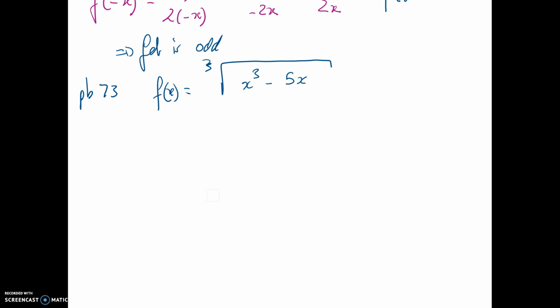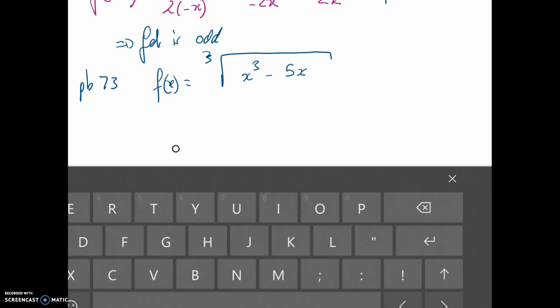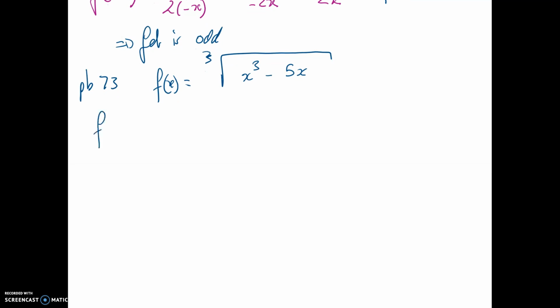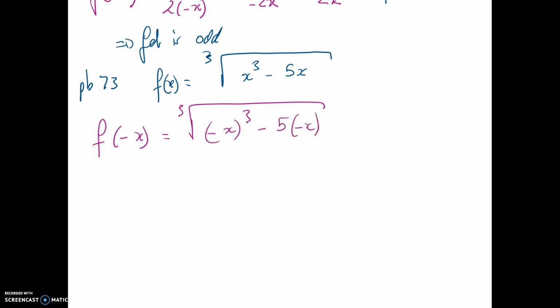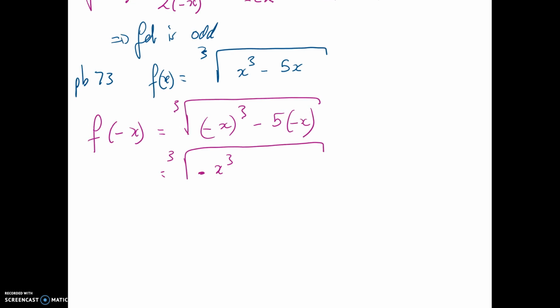So if I'm calculating f of negative x, which is equal to the cubic root of negative x cubed minus 5 times negative x, I end up with the cubic root of negative x cubed plus 5x, which is equal to the cubic root of minus x cubed minus 5x.